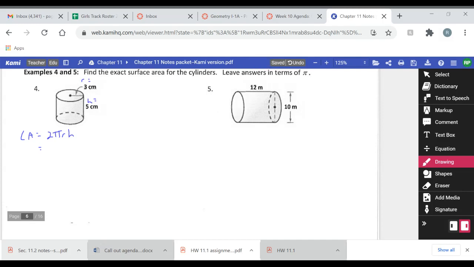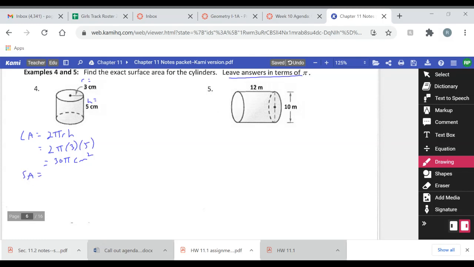Sometimes they'll give you the radius and sometimes the diameter, so pay attention to that little detail. 2 times pi, they gave me the radius this time, which is 3. The height is the distance between the two bases. And if I multiply those out, I get 30 pi centimeters squared. Just pay attention to the directions on these. This one says leave the answer in terms of pi, so I'm not multiplying by pi.